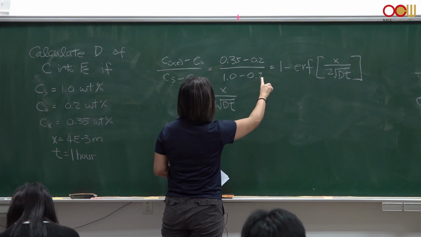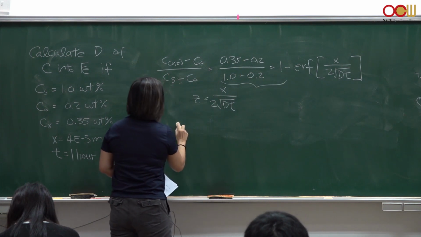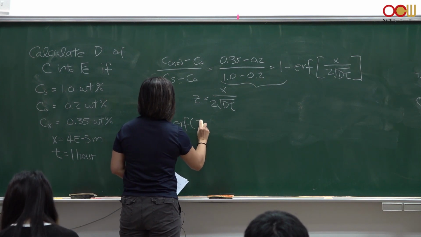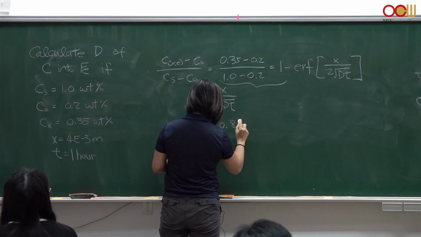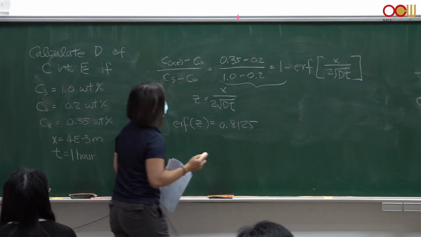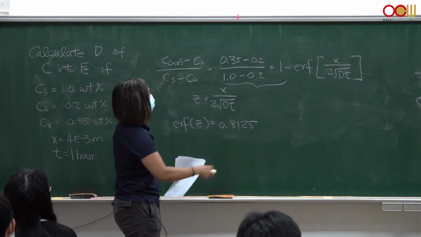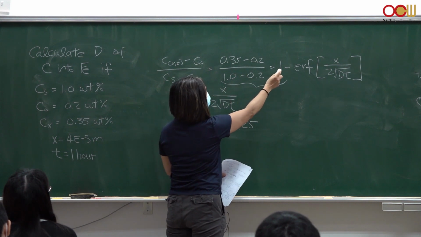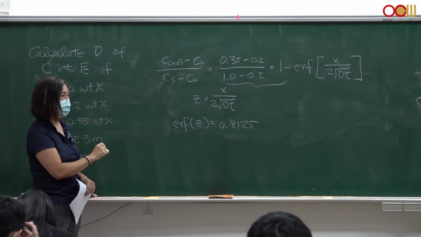So if we solve for this part, we know that the error function of z equals 0.8125. Any questions so far about how I got that? So I just calculated this, moved the 1 over, got rid of the negative. So far, so good?